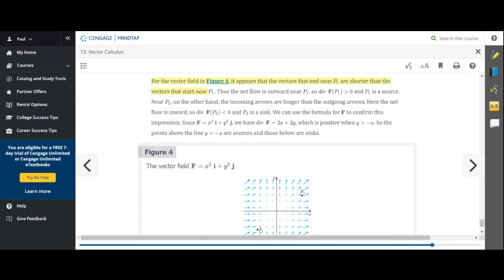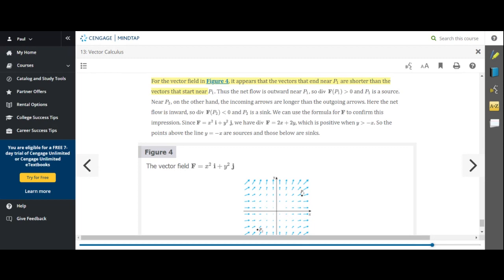So what's the net flow? Is the net flow at P1 outward or inward? If you think about vectors flowing into P1 and vectors flowing out of P1, and think about the size of the vectors, is the overall net flow positive or negative? That's right, Ryan.